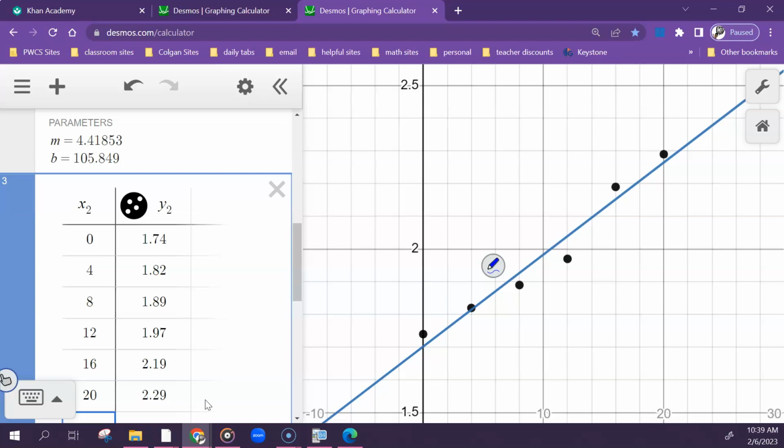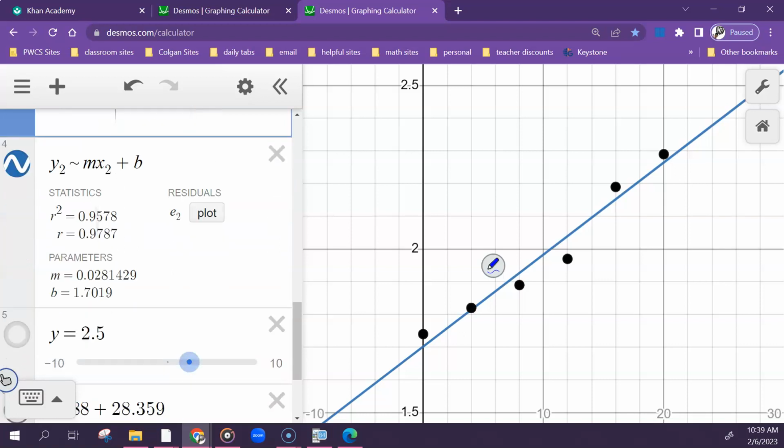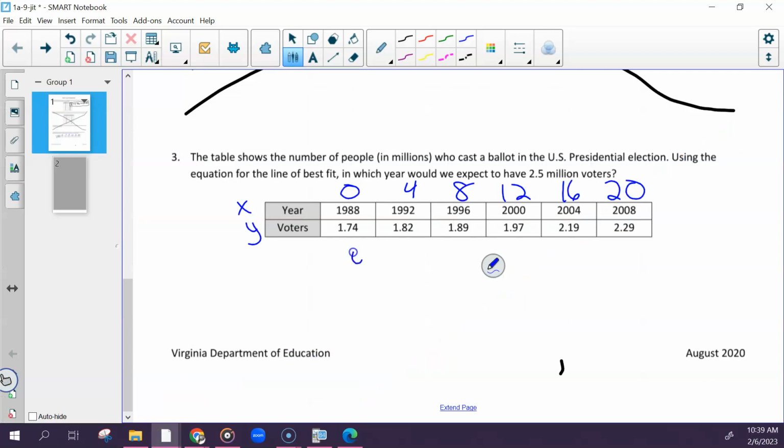When you have a second table, it changes it from x1, y1 to x2, y2. So in your equation, you need y2 and x2, otherwise it won't match up. It'll be trying to do whatever from the first one. So then your equation was y equals 0.03x plus 1.7. So that would be what you would write down, but in your Desmos.